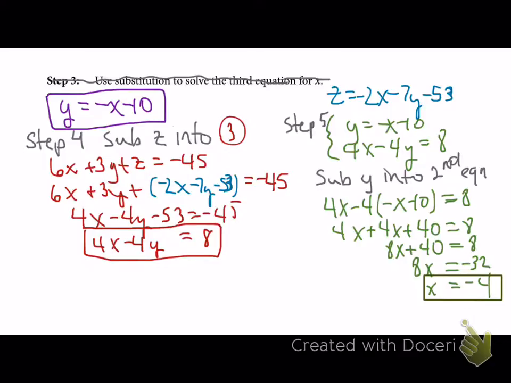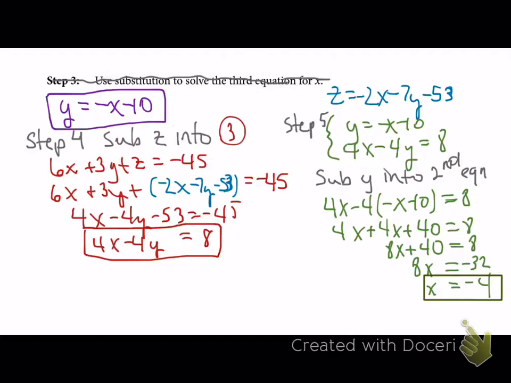Now, once you have found the value of one of your variables, what we're going to do is work backwards. Now we're going to start going backwards. If we plug this in, x is going to go back up here. So now you're going to sub back in. So y, I'm going to keep it green.